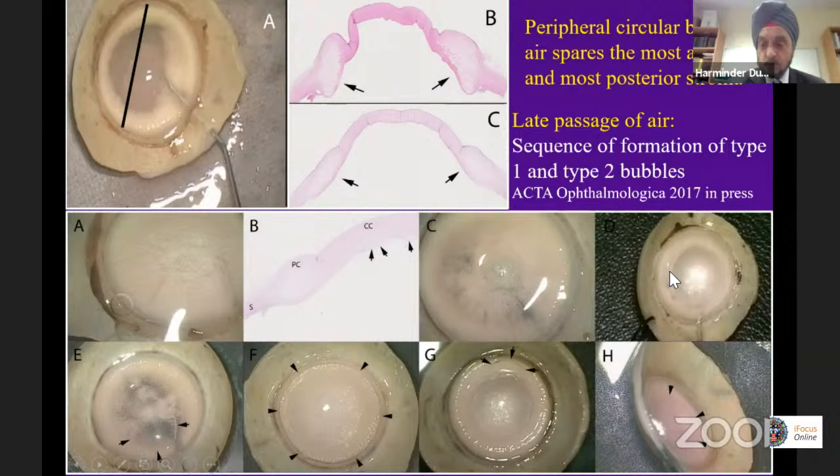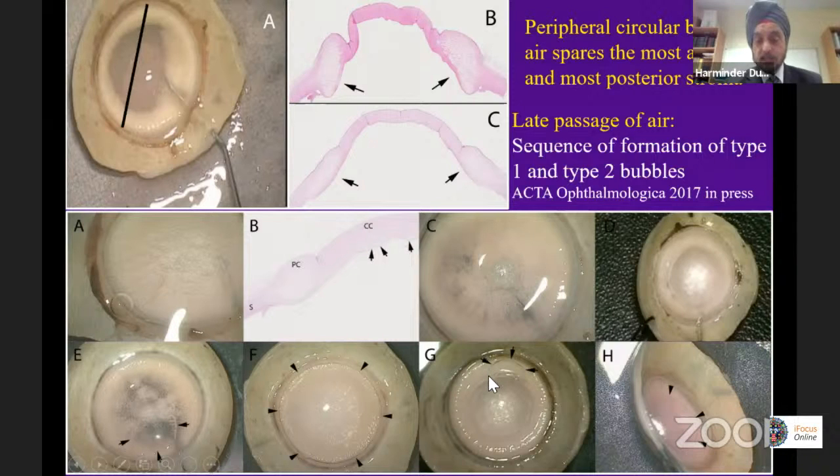That part is where this pre-Descemet layer is very firmly attached to the underlying stroma and does not lift off as a bubble. So again, we're learning a lot about the anatomy from the surgery, and then the anatomy will inform the surgery. Again, the type 2 bubble is starting at the periphery over here, and yet another example after that circular motion is complete, and then it moves across to cover the whole surface of the cornea.